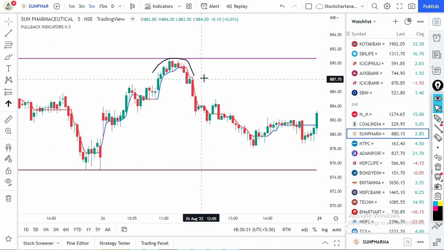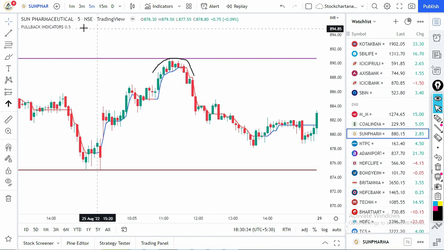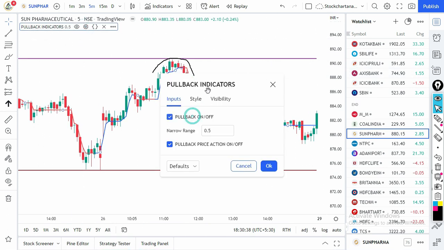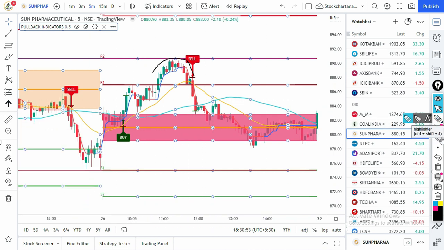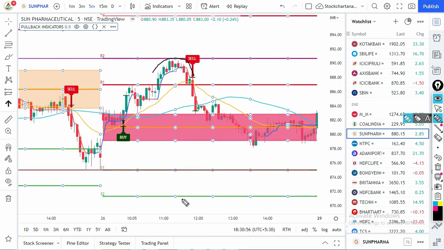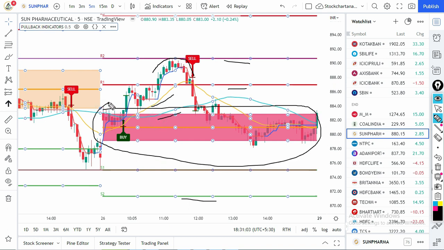And the second confirmation is when you subscribe to the pullback price action indicator, you will get an additional indicator which is called pullback. Pullback basically gives you buy and sell signals. When you apply the pullback indicator, you will see the support zone, resistance level, 2 moving average lines, CPR band and buy sell signal. So just where the price started taking a downside reversal, there is a sell signal.